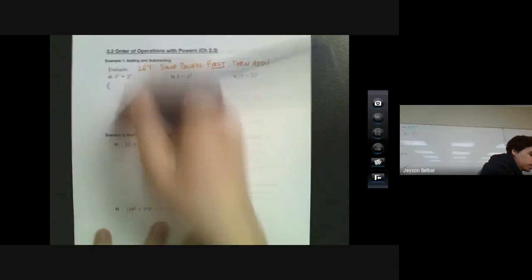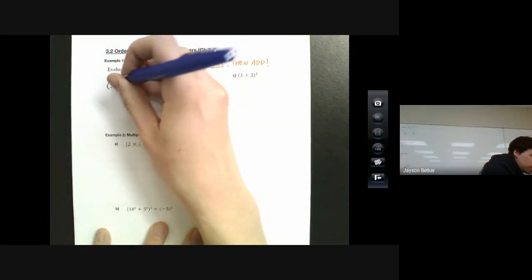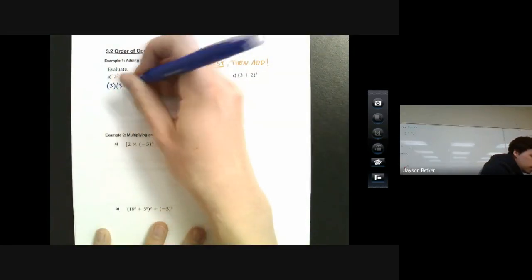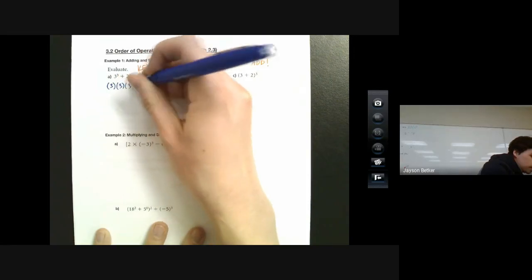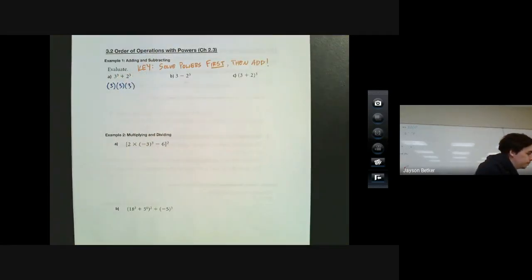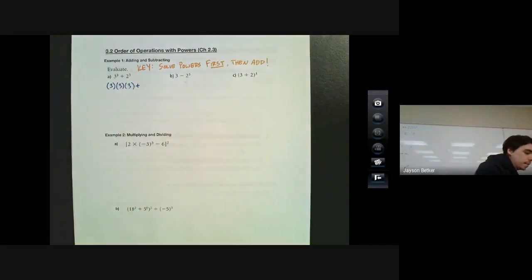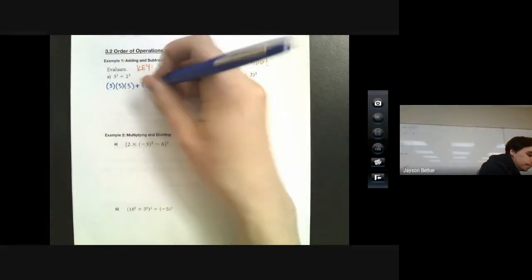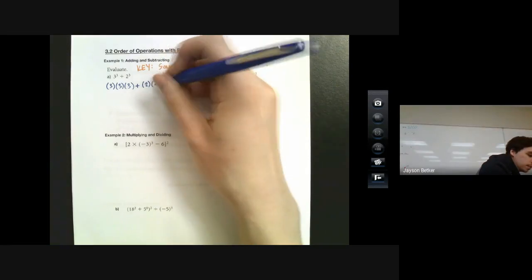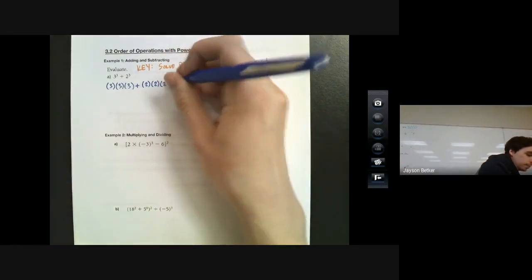We did this in class yesterday. We have 3 cubed, which will be 3 times 3 times 3. And then we add 2 times 2 times 2.